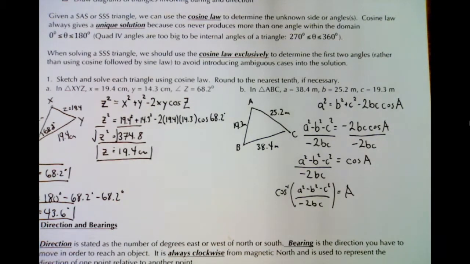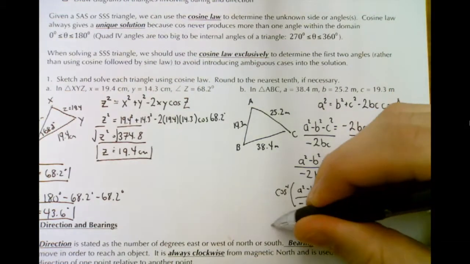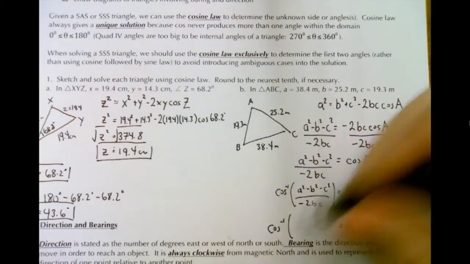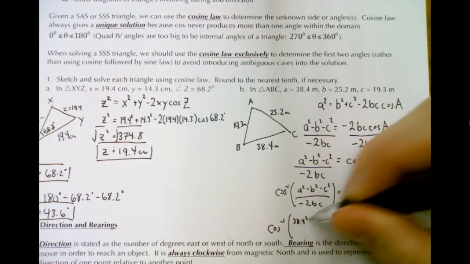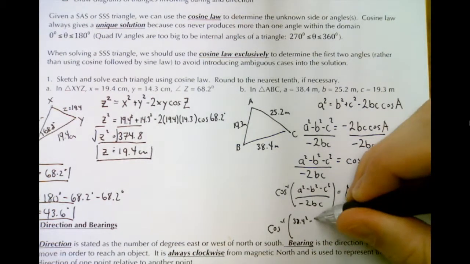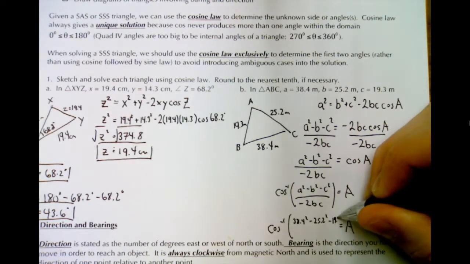So if we plug in our sides A, B, and C, we can plug it directly into our calculator and solve. So I'm going to replace my letters. A squared would be 38.4 squared. B squared, 25.2 squared. And C squared, 19.3 squared.